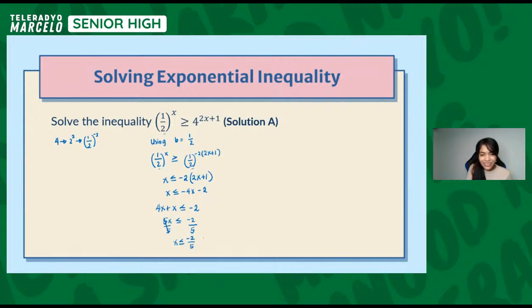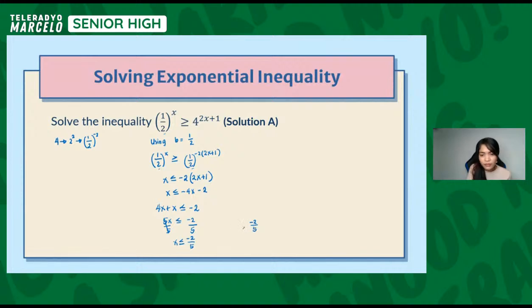So in set notation, paano natin isusulat yun? We are looking for values of x na mas mababa sa or equal sa negative 2 over 5. Meaning to say, pinakamataas na value na natin ay negative 2/5. So ano ba yung mga value na mas mababa pa sa negative 2/5?